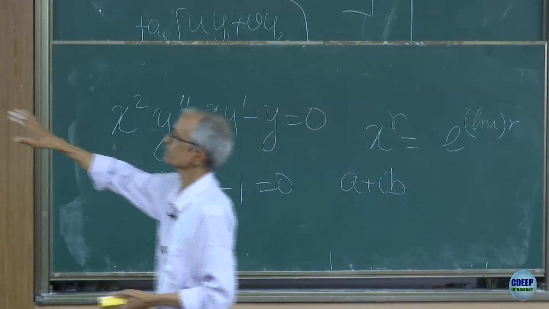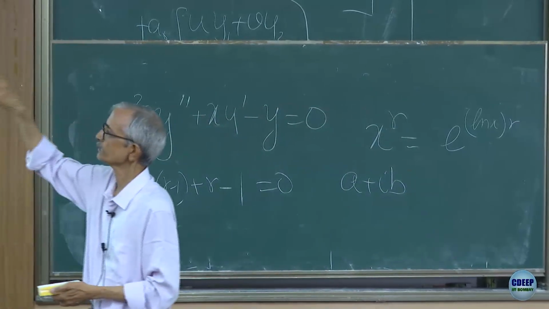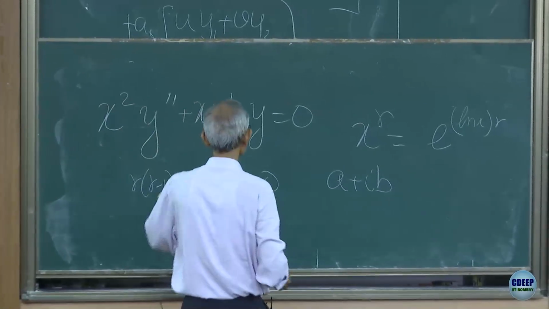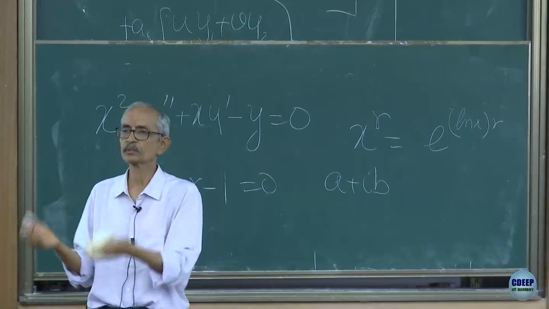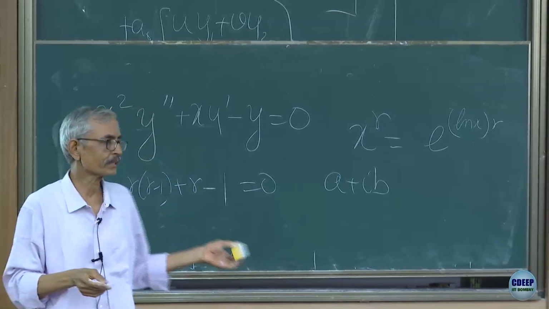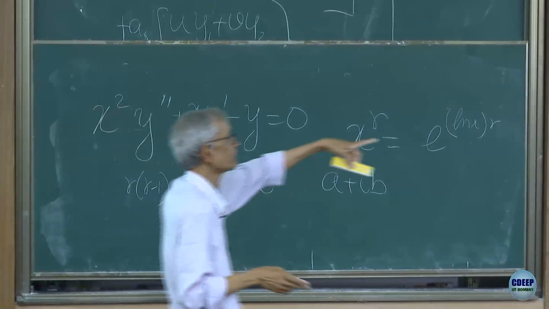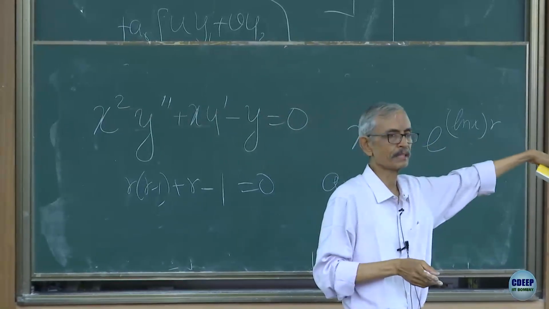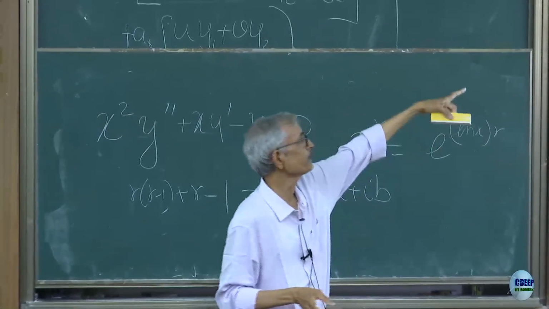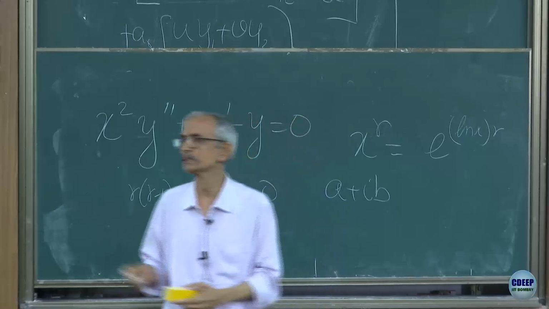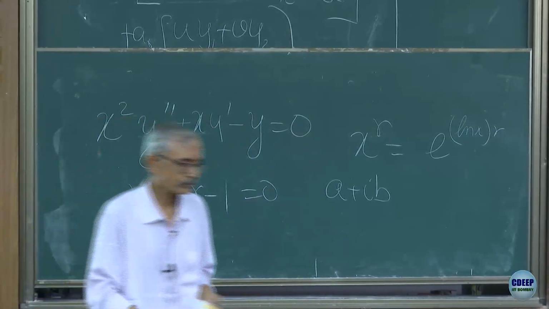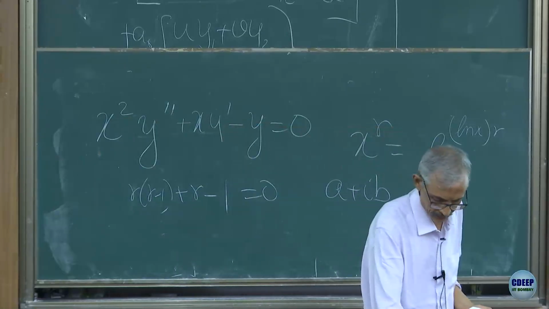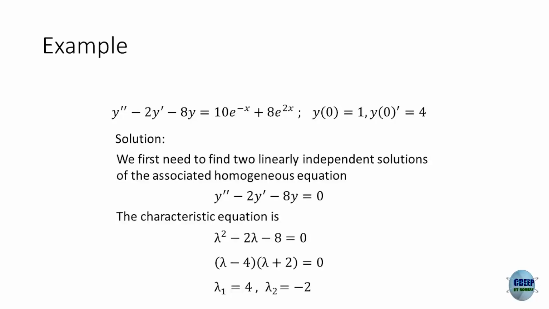If the roots are distinct, then we have done up to this point. If the roots are imaginary, you will do that little algebra and show that the solution is going to be that. And if the roots are repeated, you're going to show that that's going to be that.